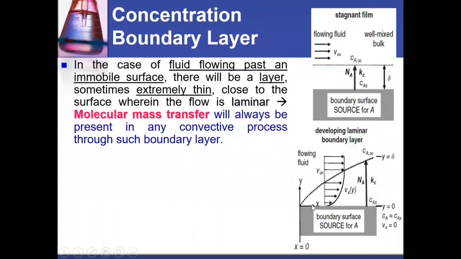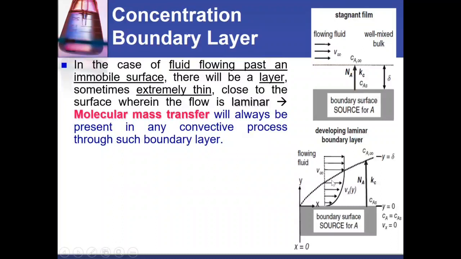Then once you move up from the surface, the velocity will increase in both x and y. If you take it from here, for example, this is the velocity in the x direction, and if you go up, this is the velocity.